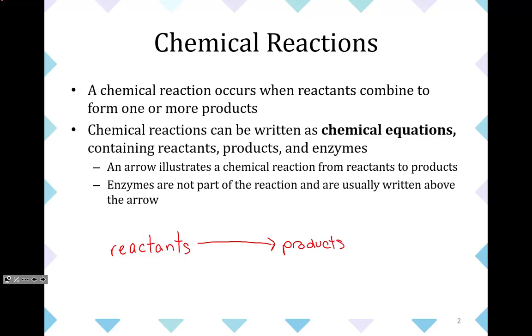And the arrow tends to show that a chemical reaction has taken place. And then if an enzyme is a part of the chemical reaction, an enzyme is neither created nor used. It's not actually a part of the chemical reaction. It's just a catalyst to help the reaction take place. And so enzymes are usually written above the arrow. And so that's how we denote a chemical reaction.